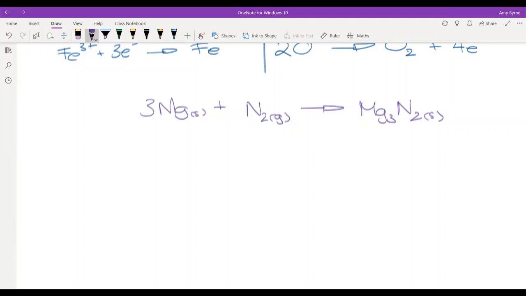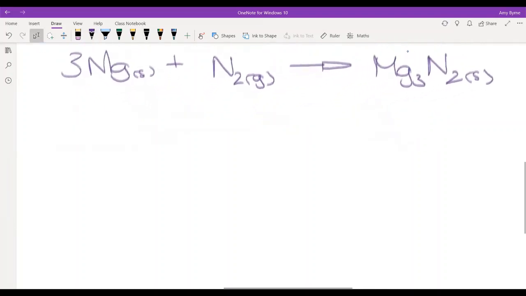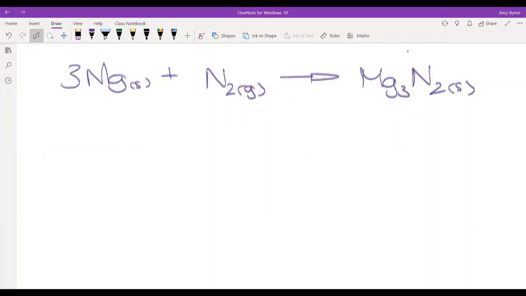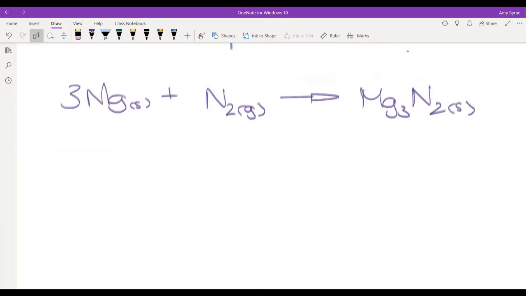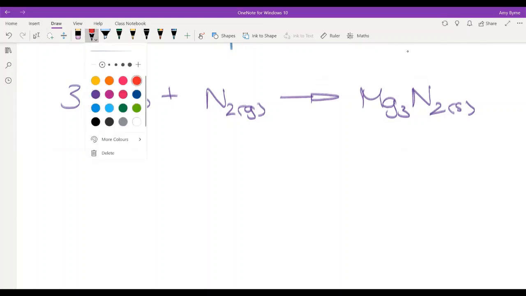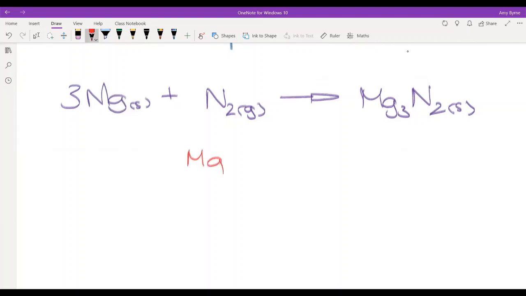So this is maybe slightly less obvious than some of the others because I'm not dealing with hydrogen or oxygen. Think about what is happening. Let's start with my magnesium. I am starting with magnesium with a 0 charge.